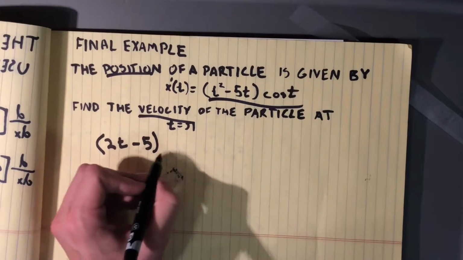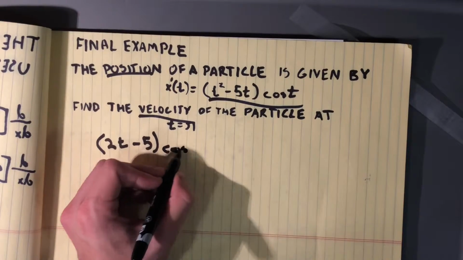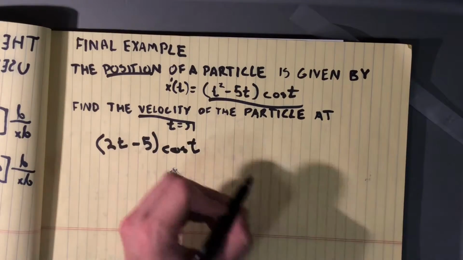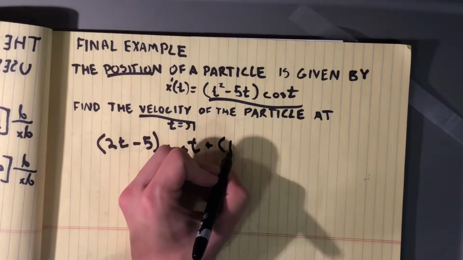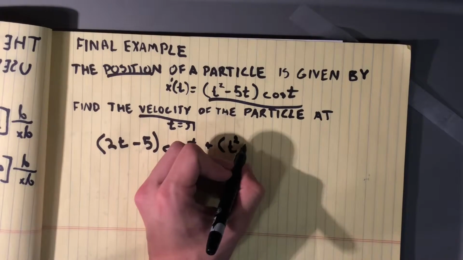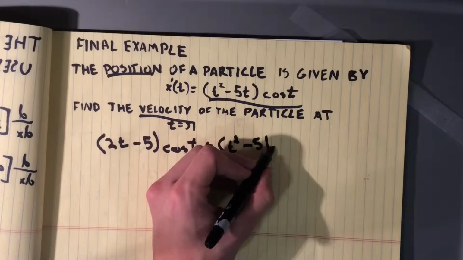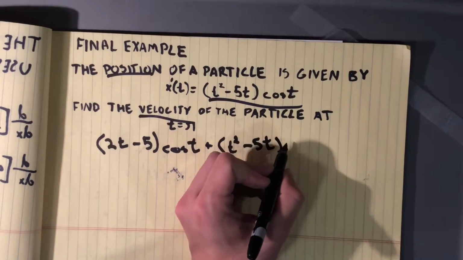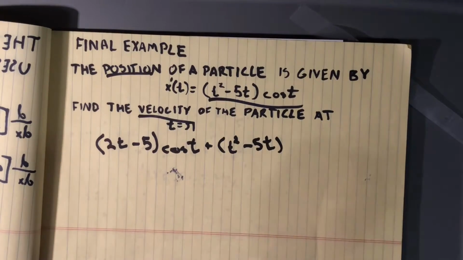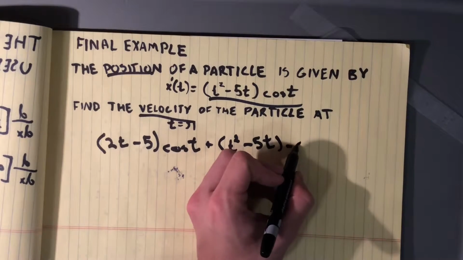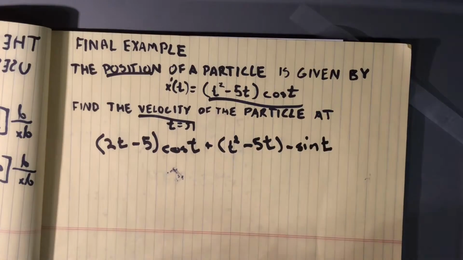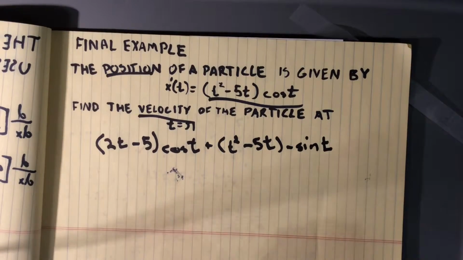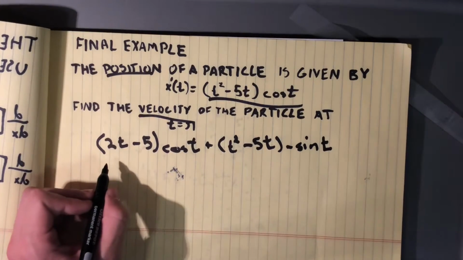Let's multiply that by cosine t, plus t squared minus 5t times the derivative of cosine t, which is negative sine t.